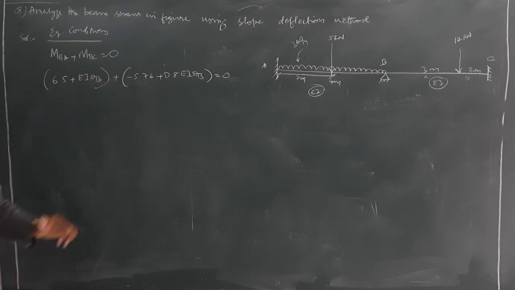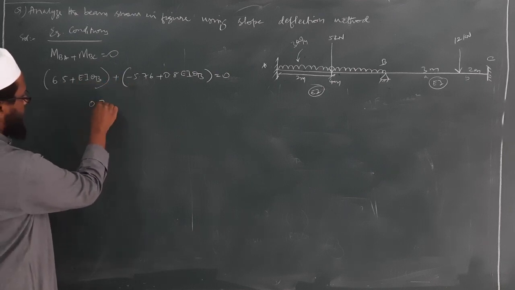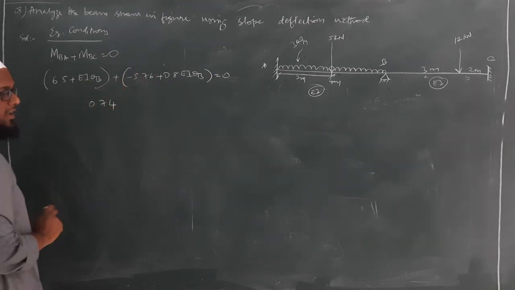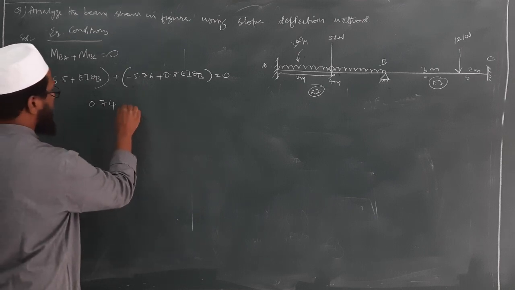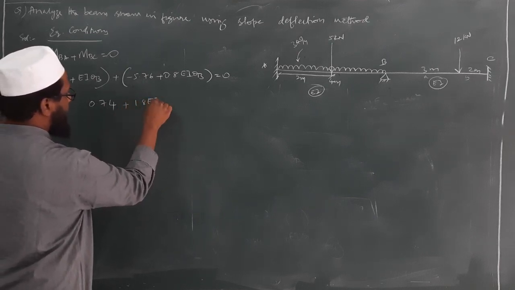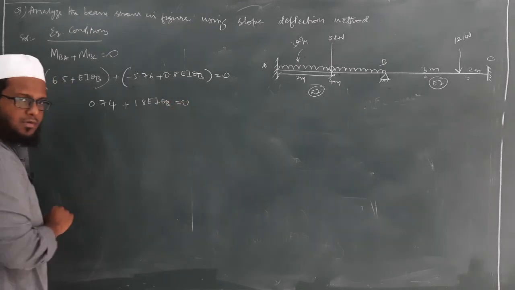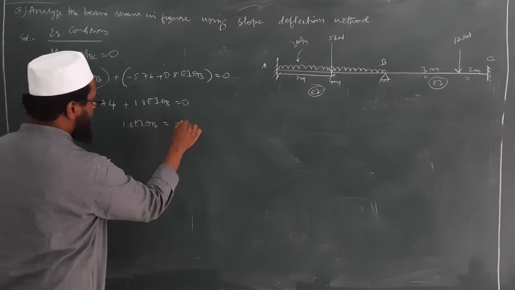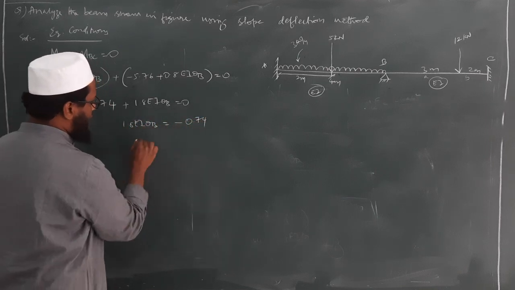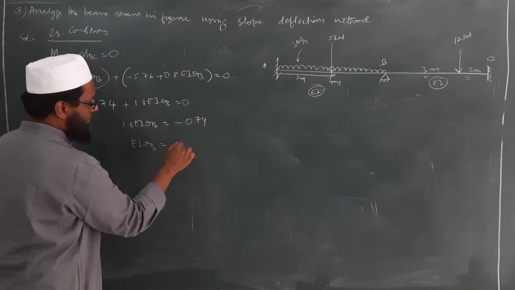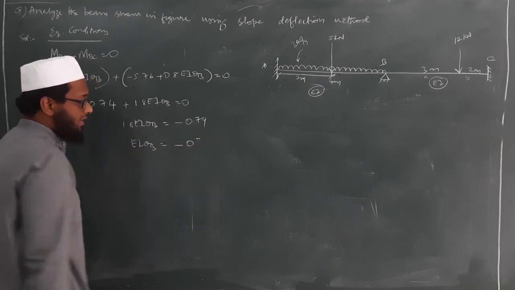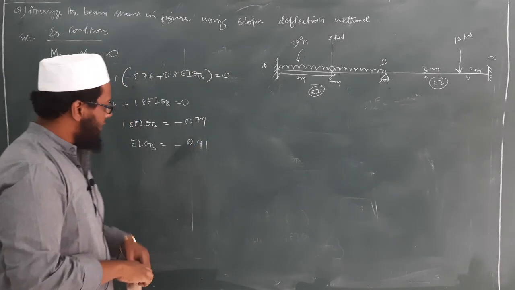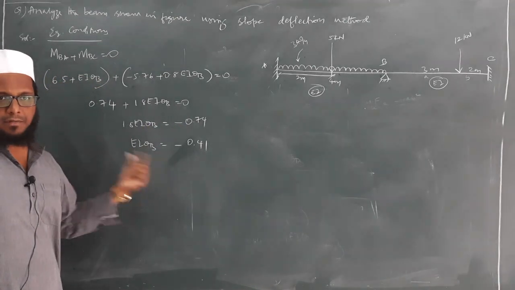Can you tell me how much? 0.74. So 1.8 EI theta B plus 0.74 is equal to 0. So 1.8 EI theta B is equal to minus 0.74. So EI theta B is equal to how much? Minus 0.41. Okay, we got the value of EI theta B by simplification of this equation.